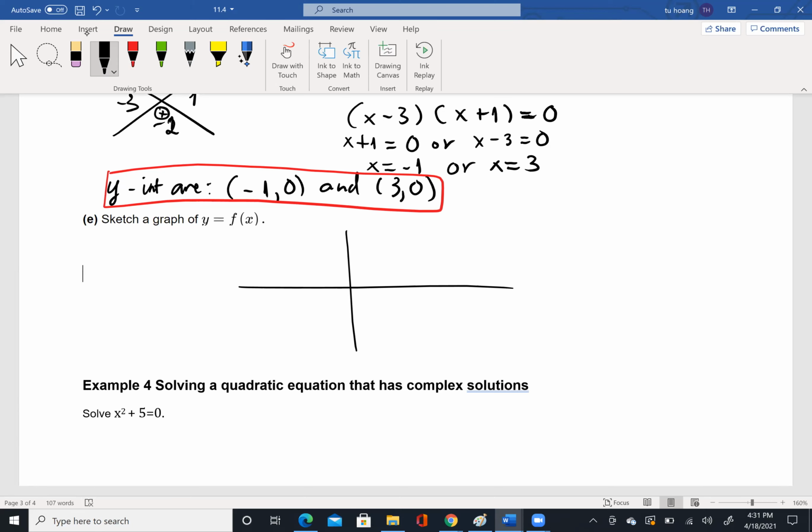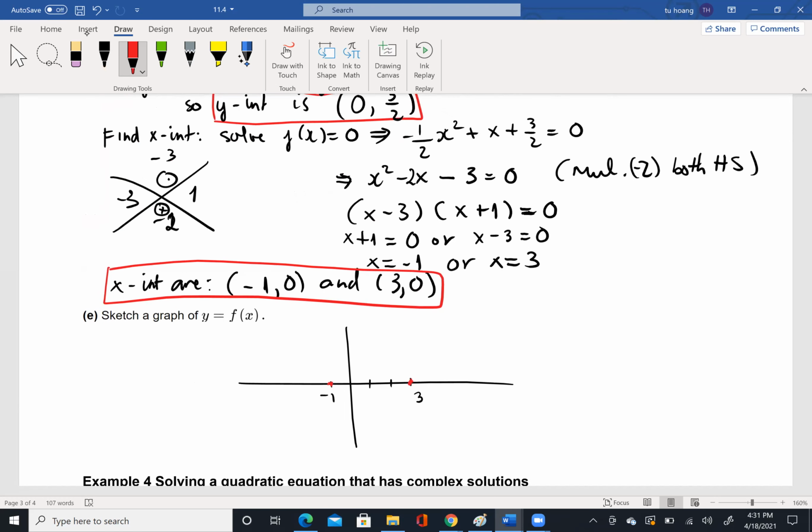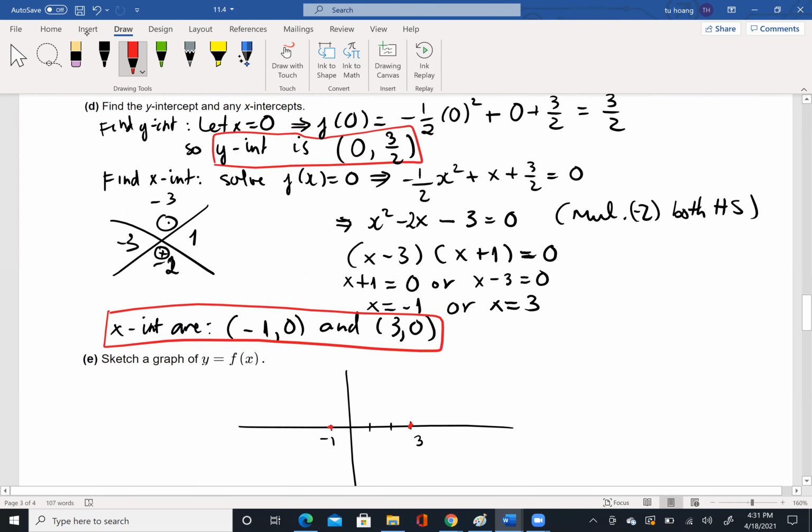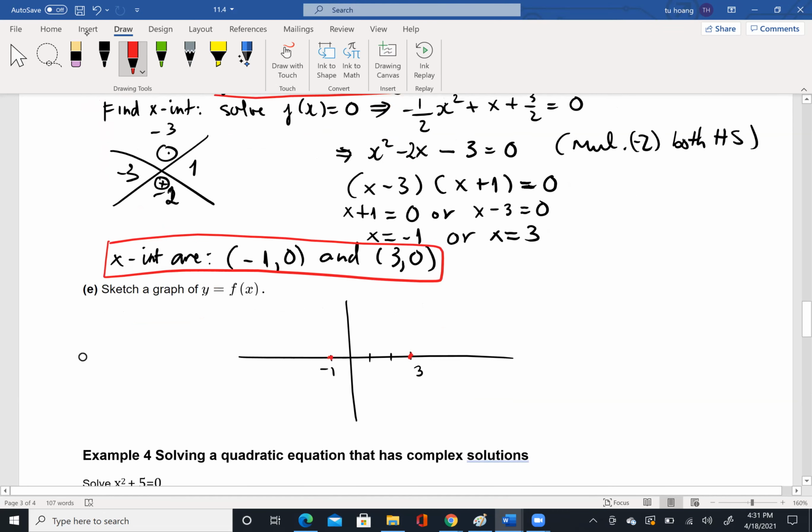For the x-intercepts, I have -1 and 3, right? So put -1 here, 1, 2, 3. And the y-intercept was 3/2, right? So here is 1, here is 2, 3/2 is here.